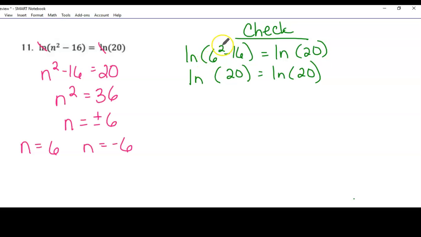And of course, I know that if I put -6 in there, that's going to be 36, and 36 minus 16 is going to give me 20, so actually they both would check out, so they're both solutions.